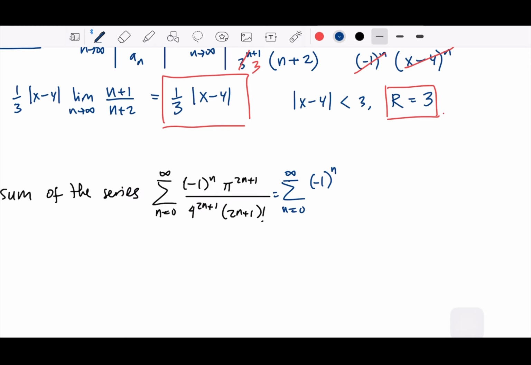since this is 2n plus 1 and 4 also with 2n plus 1, let's combine this together. And let's look at what might come from this combination.